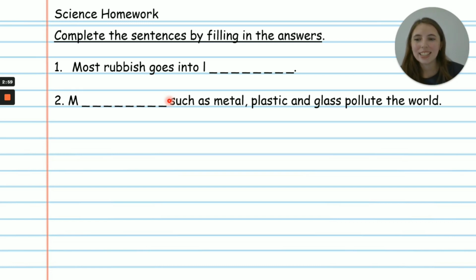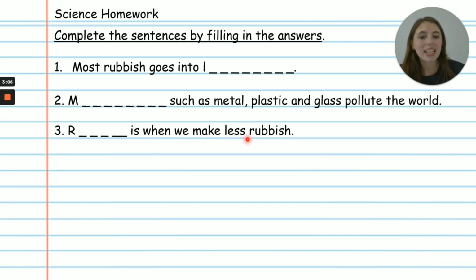Very good. Now question number 3, let's write down. It says, is when we make less rubbish. So what can we do to make less rubbish? A word that starts with R.